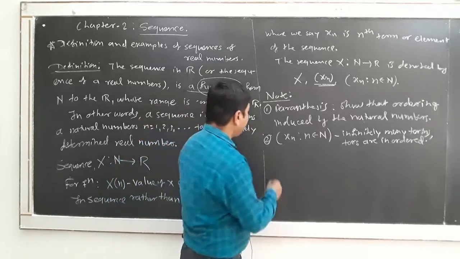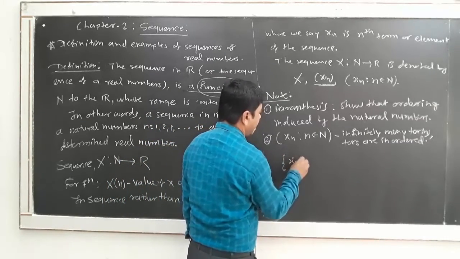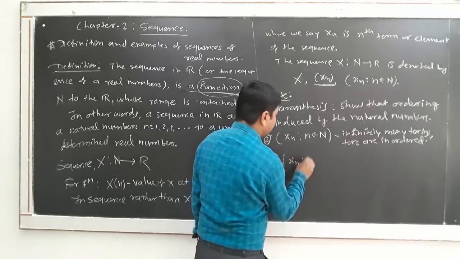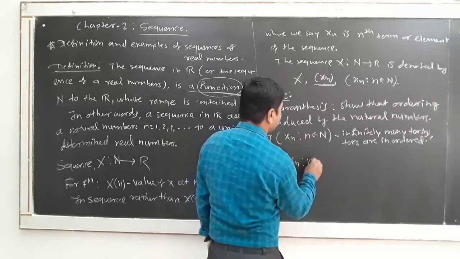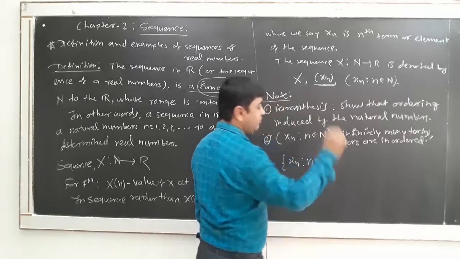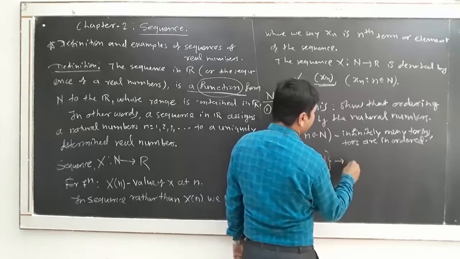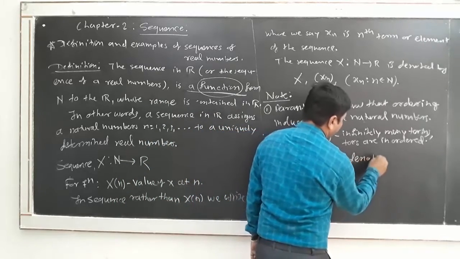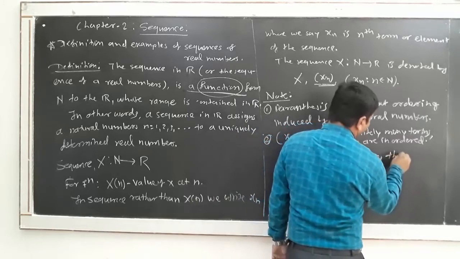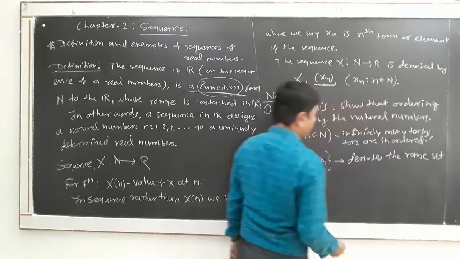But if we have this, like this, all xn, n belongs to the natural number, what does it denote? This denotes the range set. What does it contain?